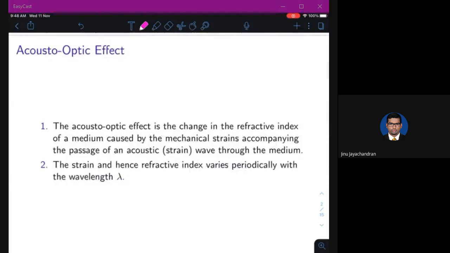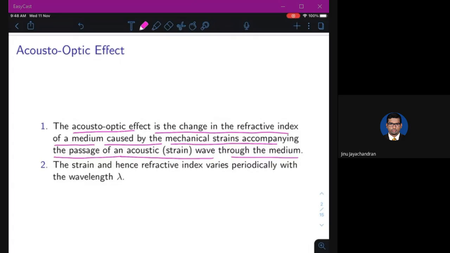So the acousto-optic effect is the change in the refractive index of a medium caused by the mechanical strains accompanying the passage of an acoustic wave through the medium. Okay, we have seen in the electro-optic effect that when you apply a voltage, the refractive index is changed.